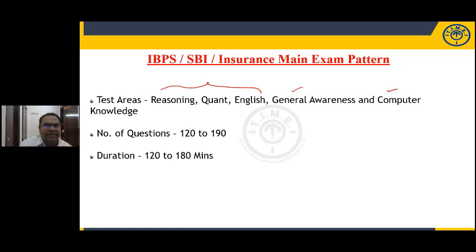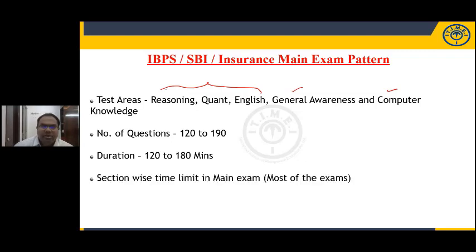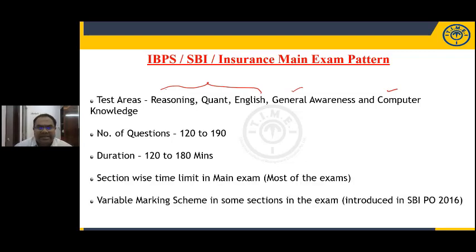If you look at IBPS clerk and SBI clerk, it is 180 minutes. There is a section wise time limit in the main examination too, and a variable marking scheme. So all questions in your main exam don't carry the same marks. Few questions carry 2 marks, few carry 1.5 marks, few carry 1 mark.